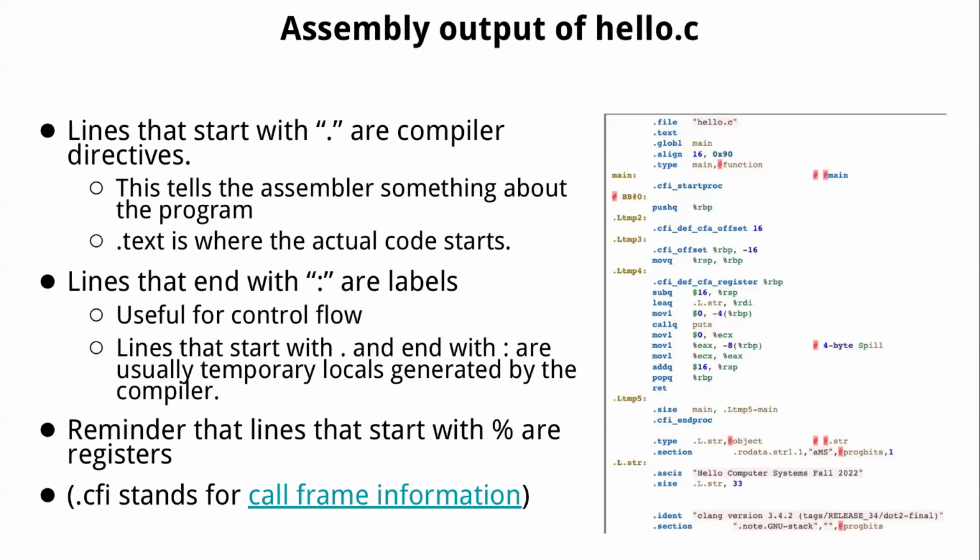Because we're overwriting, we want to save this value, because this value is still useful. How do we save it? We save it in the memory. We use the push instruction to do that. Then after that, we just have puts and other functions. So this is assembly. If you write assembly, it will look something like this. Oh, CFI is call frame information.